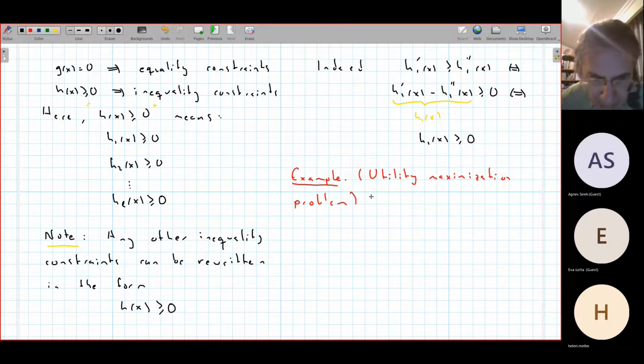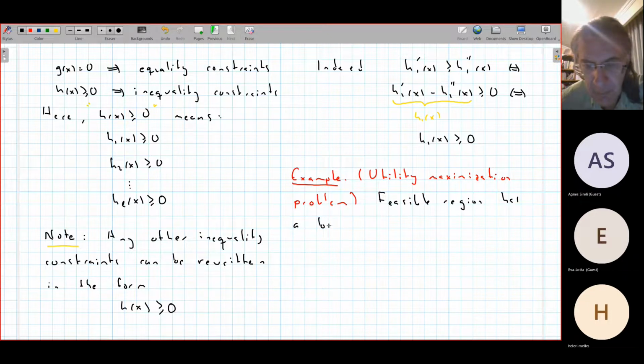Okay, so let's remember that problem. In this problem, the feasible region was a set of this form. Remember we used this notation.